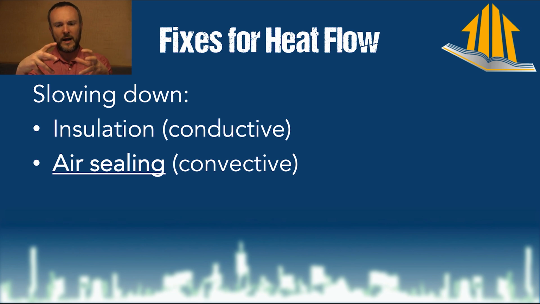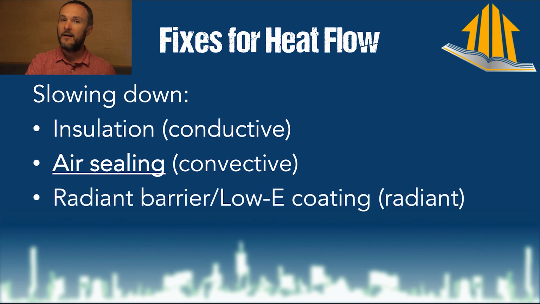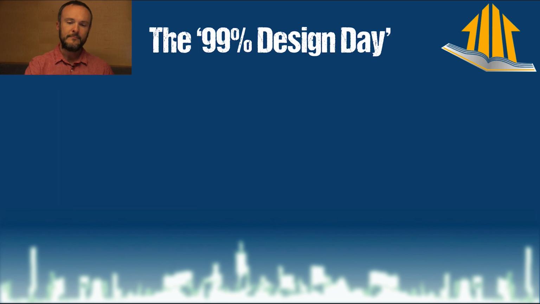You want to make sure that where air is moving, it's contained within these very specific areas, and you design that convection. And if you're talking about trying to control radiation, then you're using something like a radiant barrier, which is like a space blanket, mylar, silver sheet, or a low E coating on windows. And you have to know about all this stuff to be able to work this software.